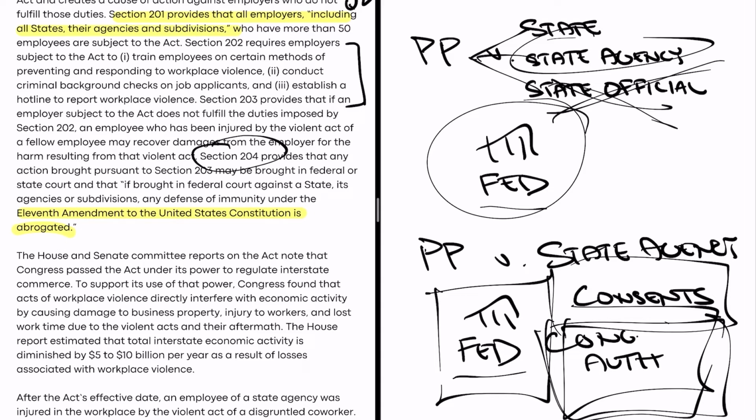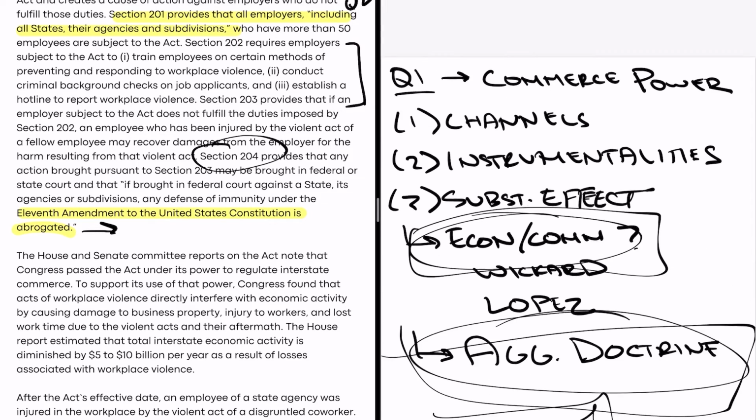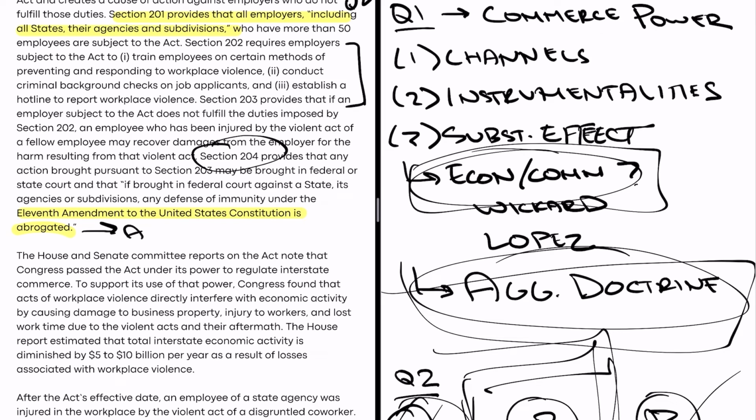So it's a clear and express attempt to abrogate state sovereign immunity, but there's a problem. It's not an abrogation acting pursuant to Congress's power to enforce the guaranteed protections of the 14th Amendment, right? Here we know that Congress is acting pursuant to the Commerce Clause. That's question number one. They're acting pursuant to Article 1, Section 8 of the Constitution, right?